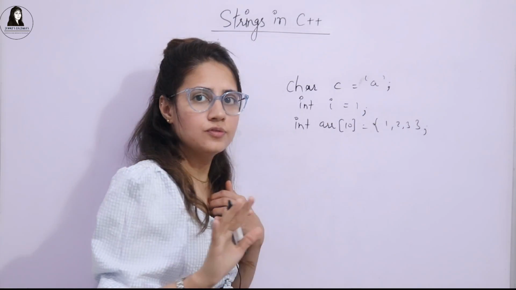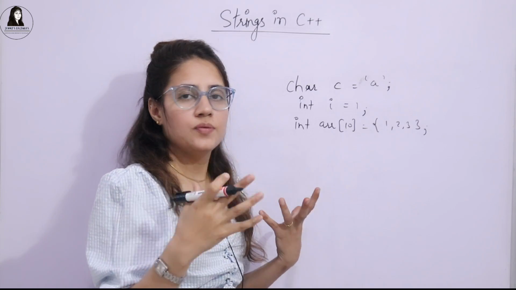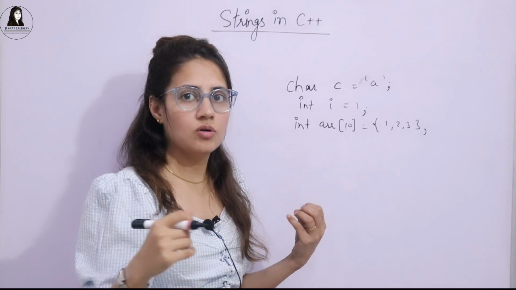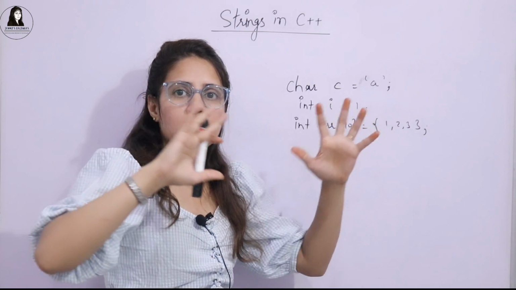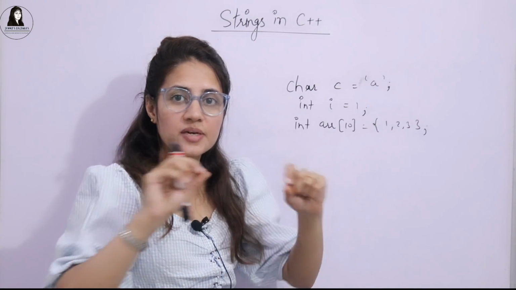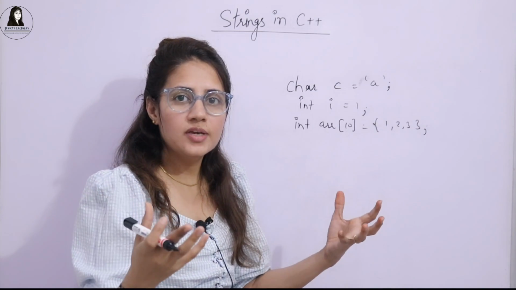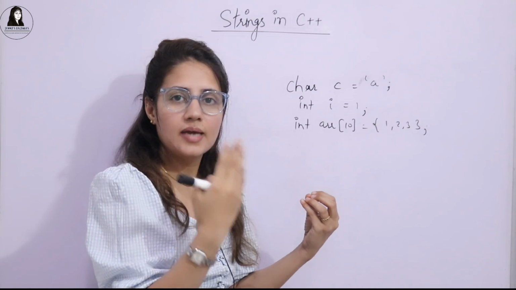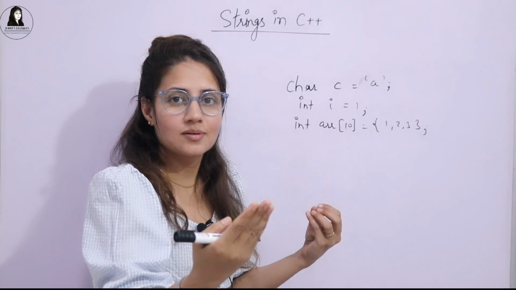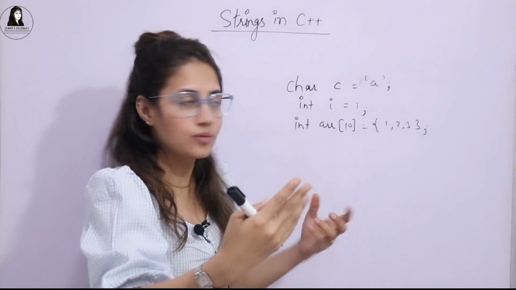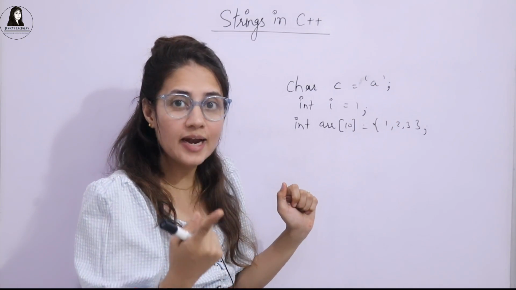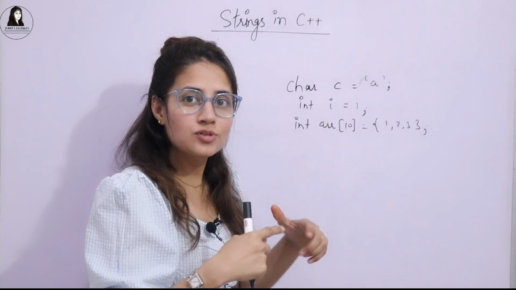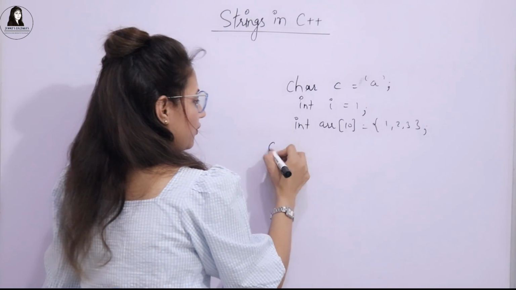But what if we want to store a complete name like Jayanti Khatri, Jenny's lectures, or like hi, welcome, these things, a complete sentence? These are, we can say, an array of characters. More than one character I want to store, not only a single character. In that case, we can use a character array. So how can we use it?